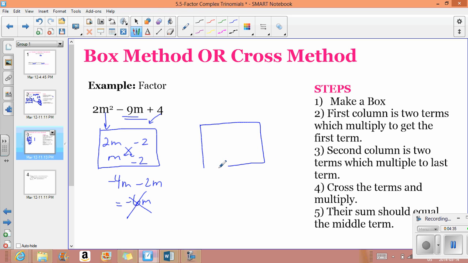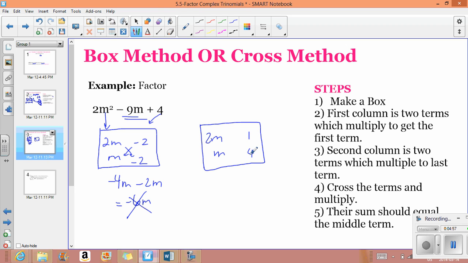Now you don't have to redraw the box, you could just erase your page. We know 2m and m are the only possible situations. We're trying to get all the way to 9. Another set of numbers that multiply to get 4 is 4 and 1. I could have written this as 4 up here and 1 down here, but you'll see why I did it in this order. That comes from practice and noticing the pattern.